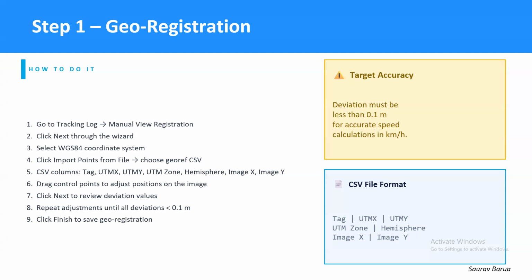When we are satisfied that the deviation is less than 0.1 meter, we stop dragging the control points, go back, and finally finish the geo-registration. So the target here is to keep the deviation less than 0.1 meter, and we will get accurate speed calculation in kilometers per hour. And here we can see what information the imported CSV file has.